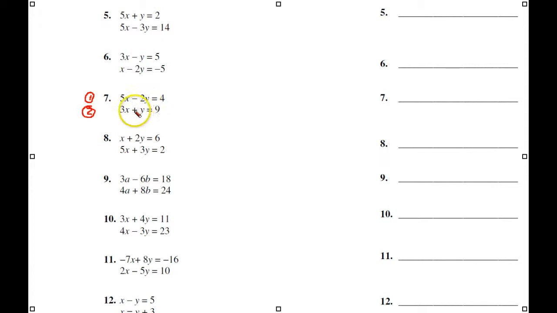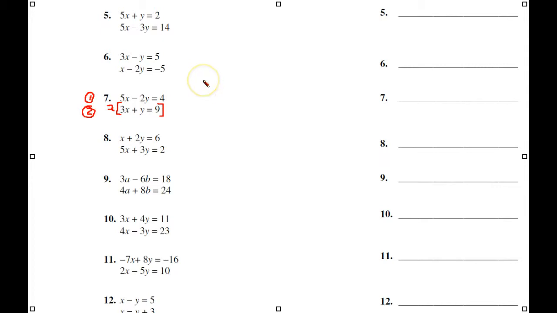Here I see a positive y. If this were a 2y, these would cancel out. I can make this second equation a 2y by multiplying each term by 2. Now remember, it's not the same equation anymore, but it is equivalent.